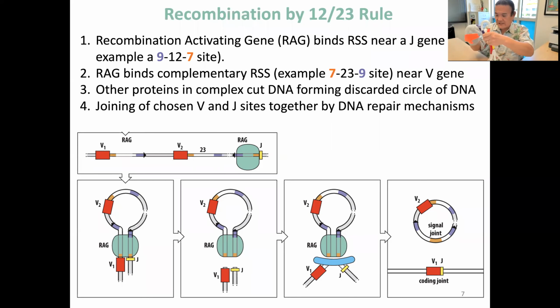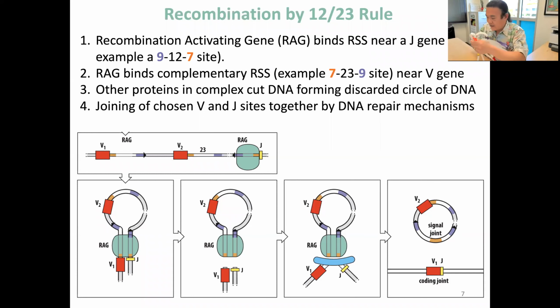And what has it done in the process? This always works better when I practice before lecture. It has brought together these two colored blocks. And importantly, you have a lot of extra stuff that was in between these two blocks. All that stuff is going to be trimmed off and lost.